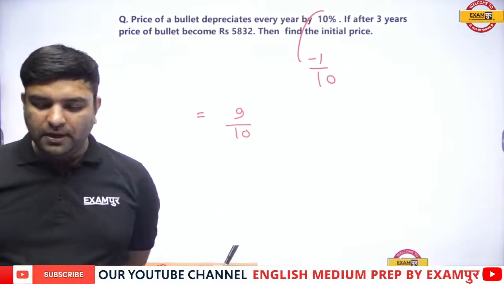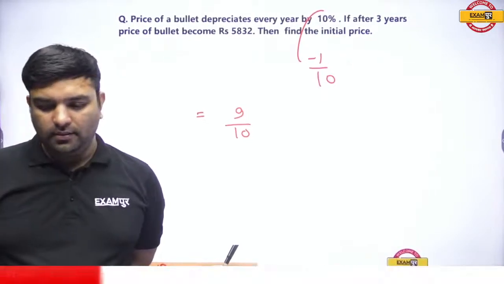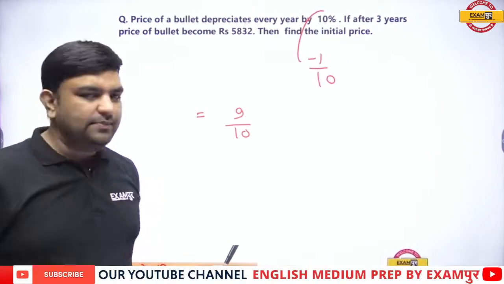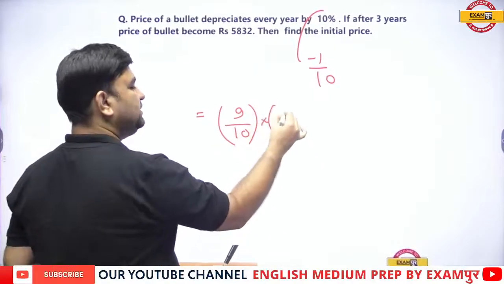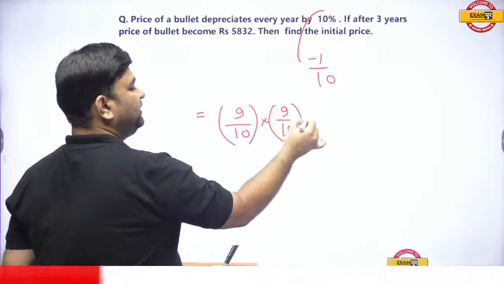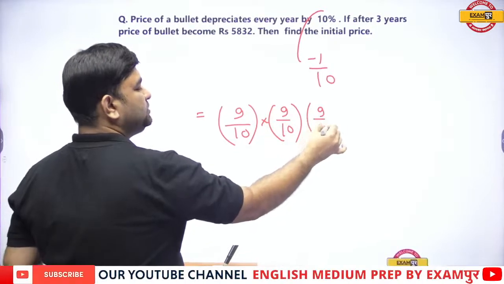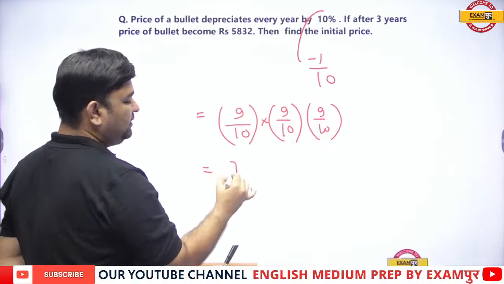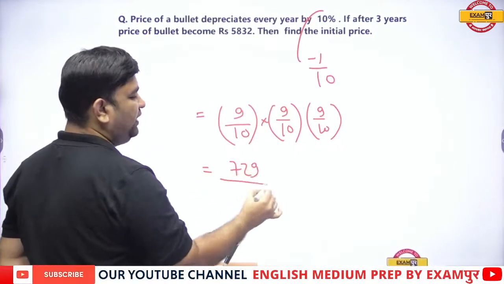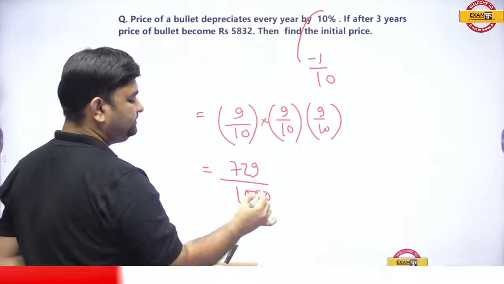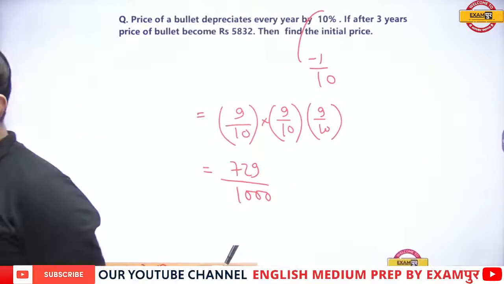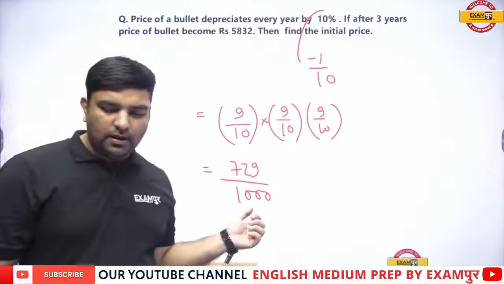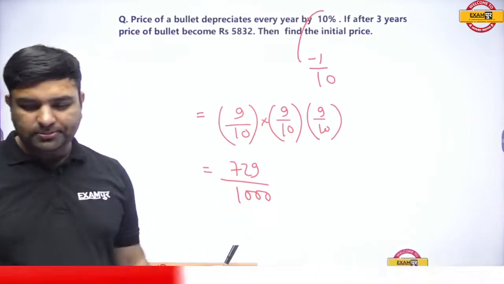From 10, it is becoming 9 every year, and the same thing is happening for 3 years, from 10 to 9, from 10 to 9. So can I say in 3 years, it must have become 729 over 1000?